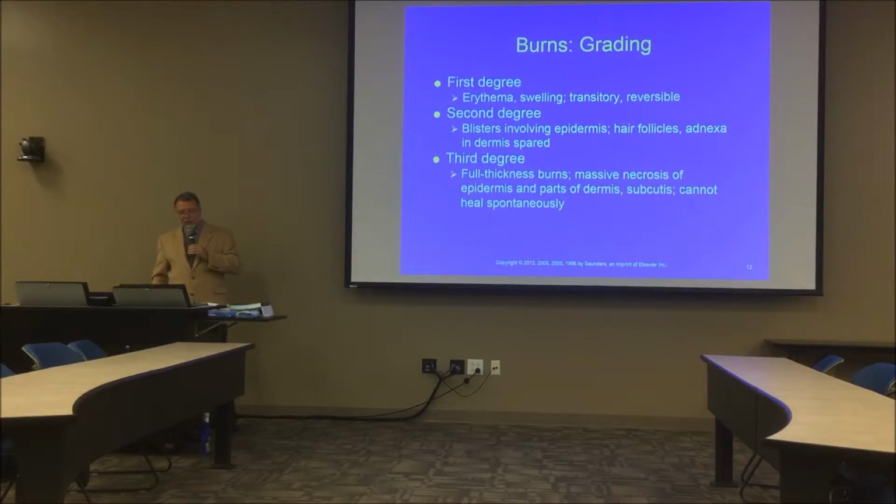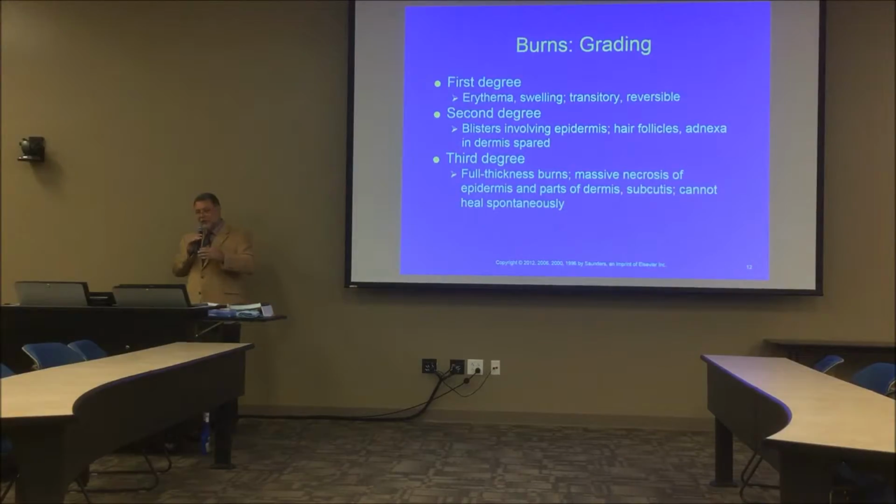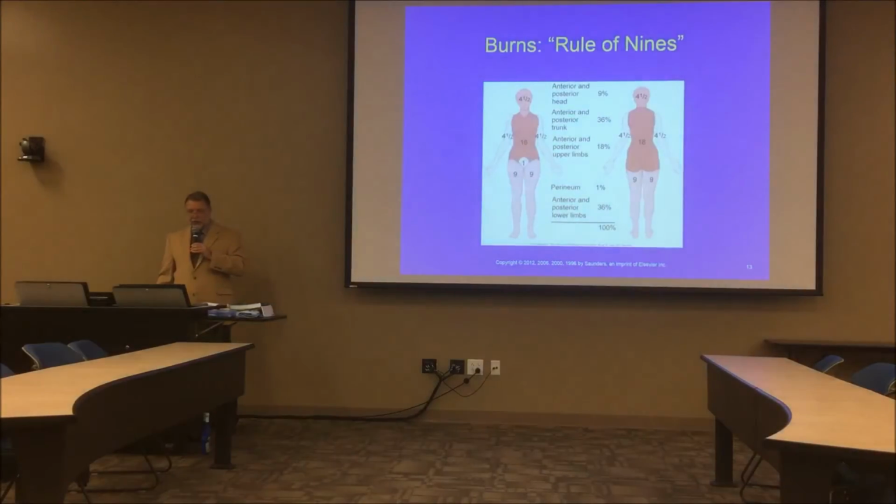The third and fourth degree really have to do with the depth of the burn, reaching a certain level such as the fascia or aponeurosis of the muscle, or going deeper and exposing bone and affecting bone in some way. But it's full thickness once you reach third and fourth degree.